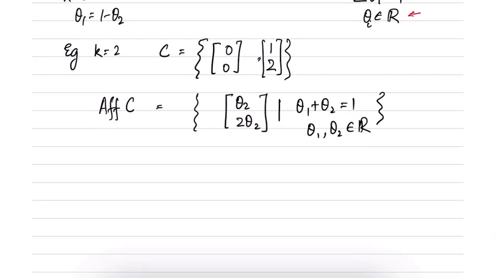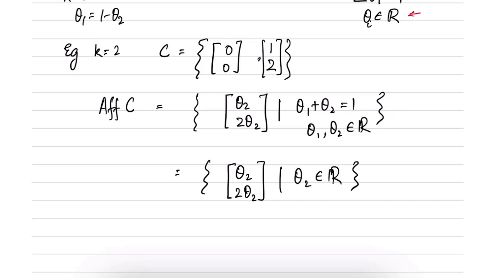Essentially, the set is parameterized in terms of theta 2, and theta 1 is not playing any role at all. Whatever theta 2 is, I can always choose theta 1 equal to 1 minus theta 2 and eliminate it. So this set can essentially be written as (theta 2, 2 theta 2), where theta 2 is some real number. I've just eliminated theta 1 because theta 1 is not playing any role.